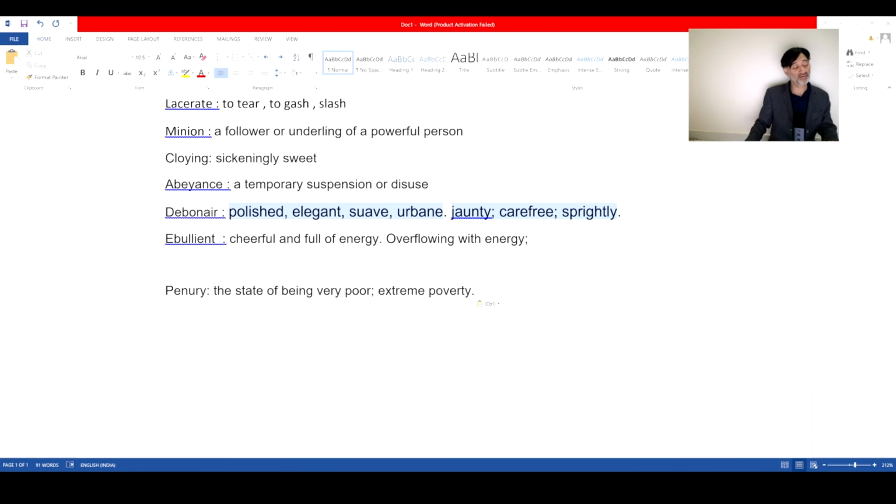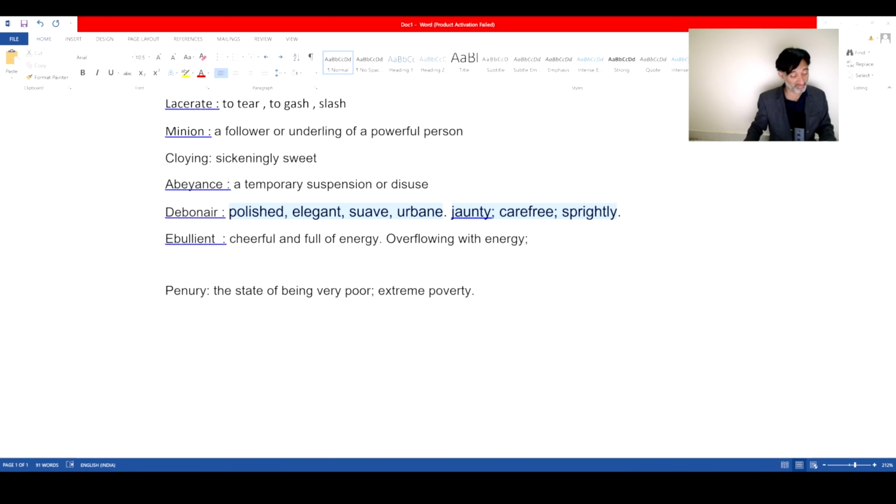If you are in a state of penury, you don't have the necessary means of survival. So we can say that if you are not employed for a long time, you will be in a state of penury.